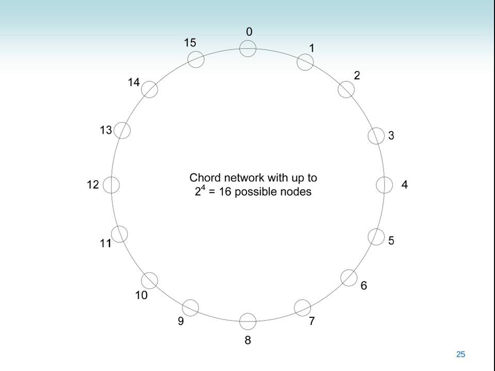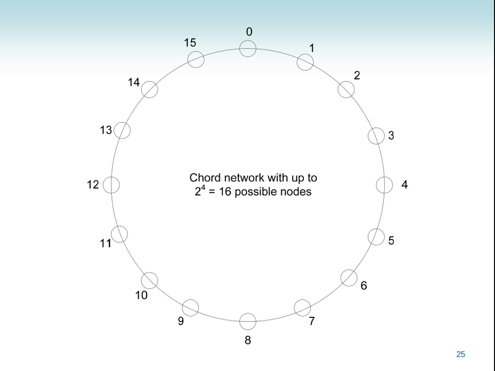And the idea is that if we maintain the next node to be 8, if we're looking for key 5, the fastest way to get there would be to send to 4 and then 4 sends to 5. Because 4 should maintain a route to node 5.